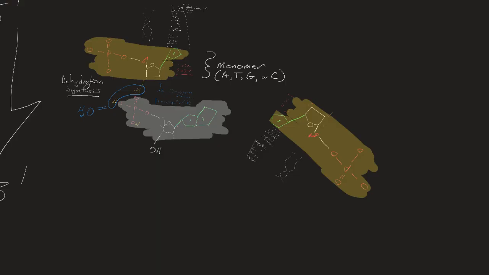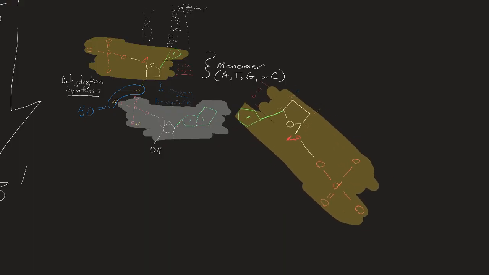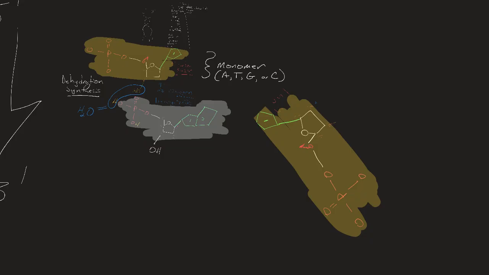This is all very geometric. In order for the hydrogen bonding to occur, the phosphate has to be down in order for them to align.